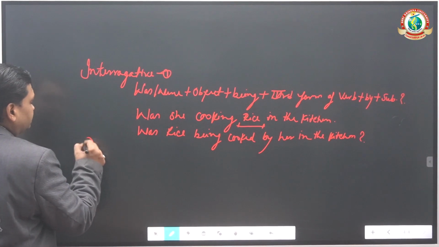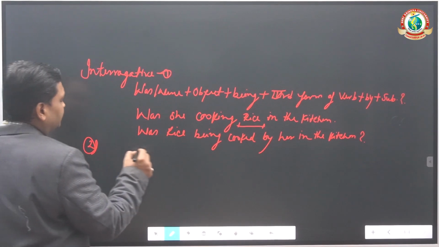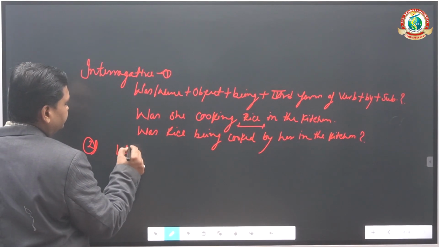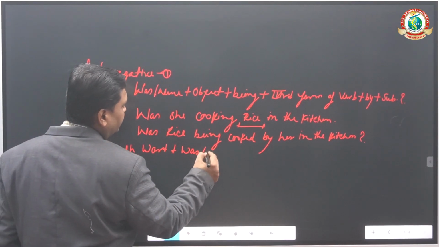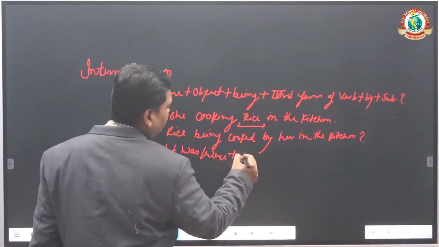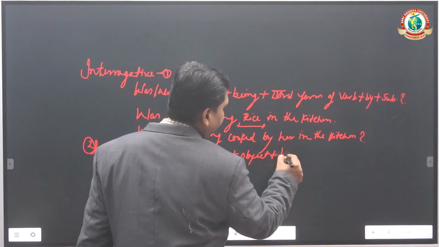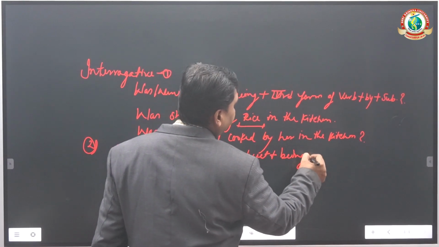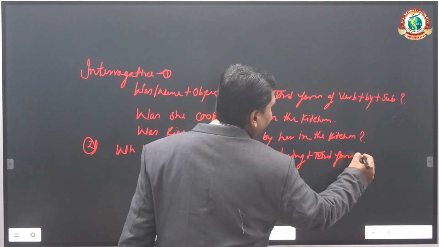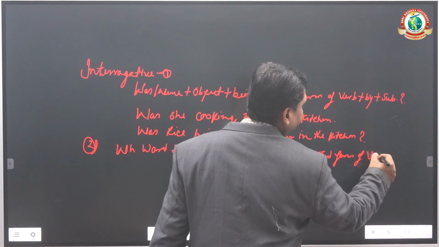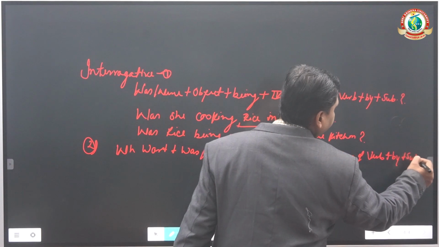Interrogative number 2, where the question word will come like that. So the structure would be: WH word plus was/were plus object plus being plus third form of verb plus by plus subject.